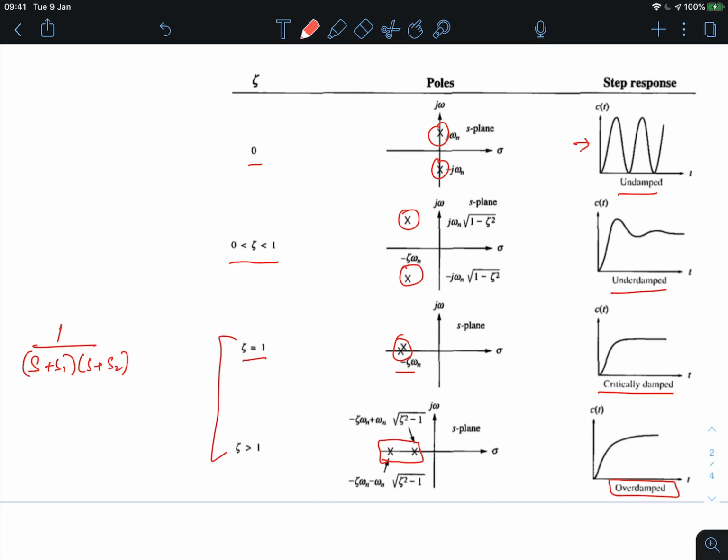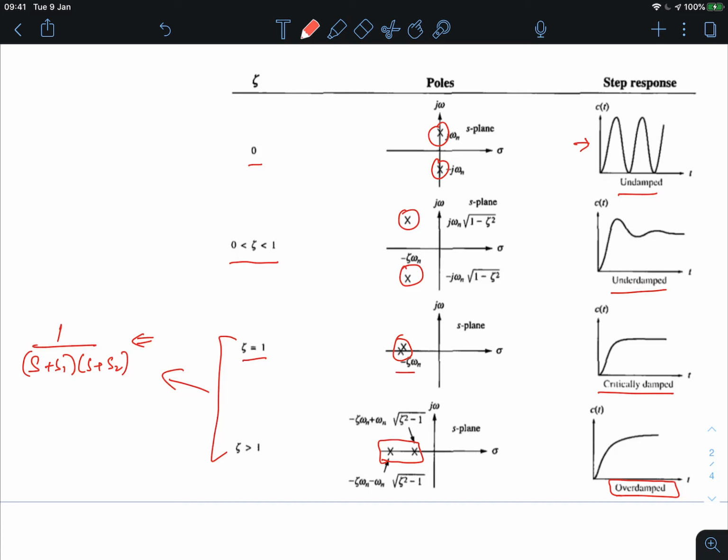For both xi equal to 1 and xi greater than 1, the poles are on the left hand side and real, so these can be represented as the multiplication of two first order systems, and we can carry out a similar analysis as we have done for the first order system.